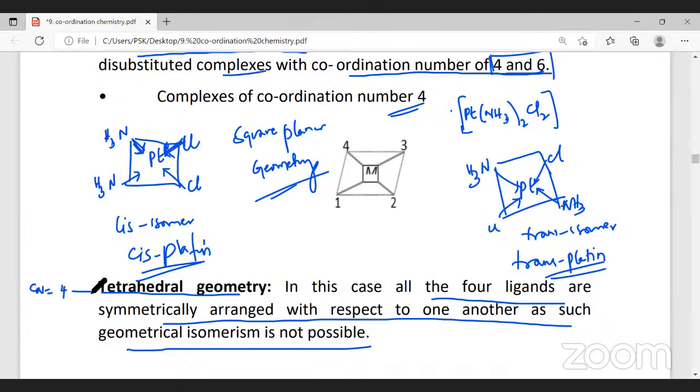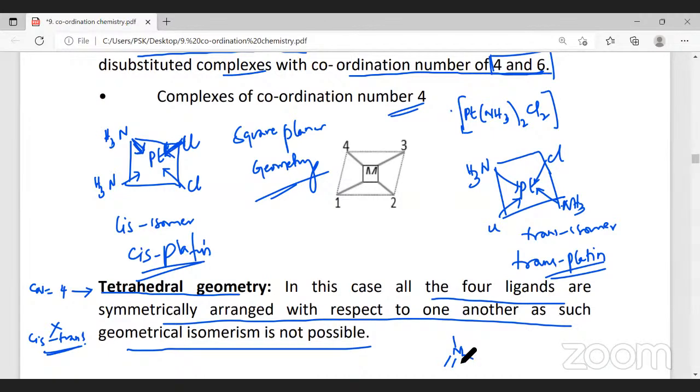If a complex shows tetrahedral geometry, it will not show cis-trans isomerism, because in tetrahedral geometry all the ligands will be close to each other.